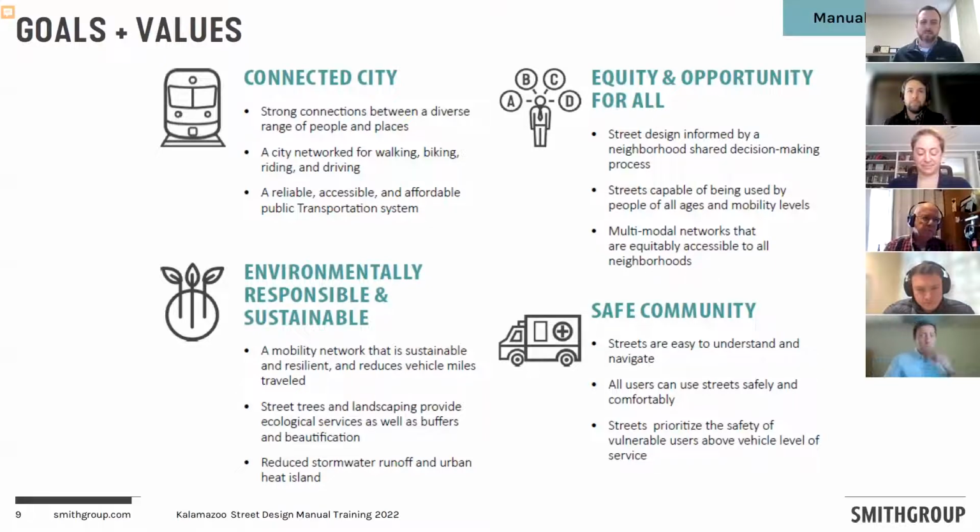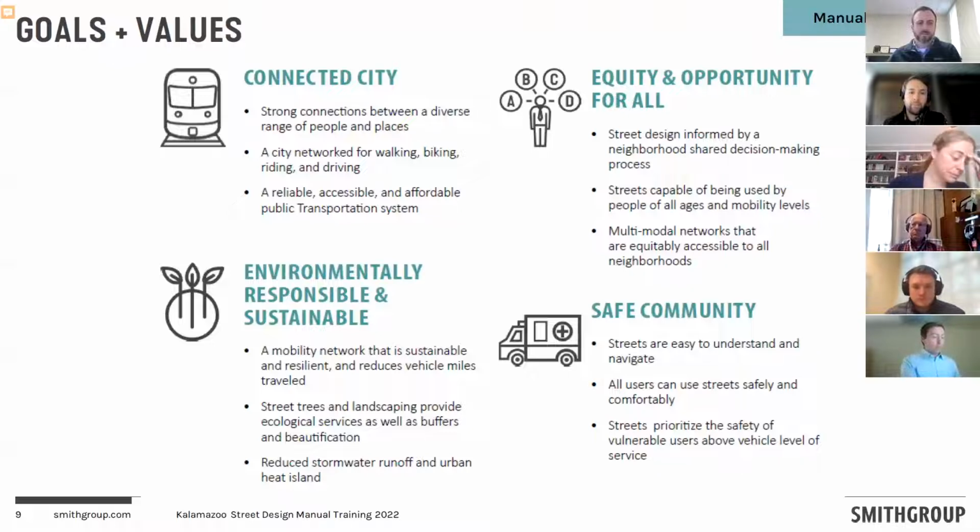And I guess just to briefly speak on each of them again, we have connected city, connecting neighborhoods, using the streets to connect people, to get them from one place to the other and not to separate people and create barriers.